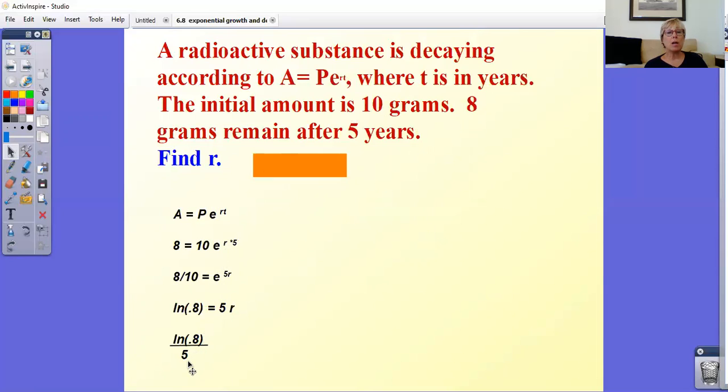So my R comes out to be ln of 0.8 over 5 if I do it by hand, or on my calculator, I can go ahead and find that. All right, but notice I've been given the P, the A, and the T, and I'm left to find R.